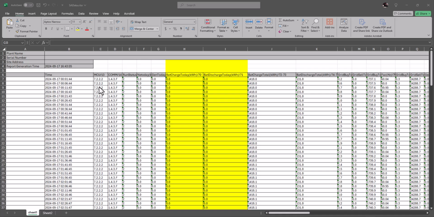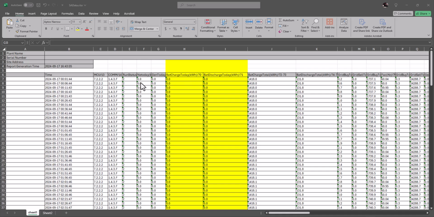Sol Ark has warned me that the instantaneous buy or sell or voltage or current is just at that particular second the data was snapped. It's not actually an average of the preceding 5 minutes. So you've got to be a little careful of how much interpretation you put on some of these data points.